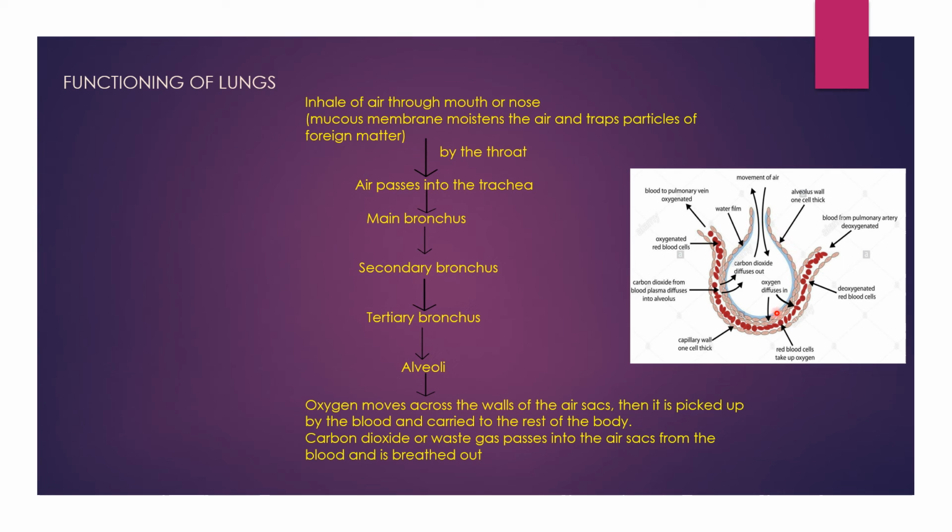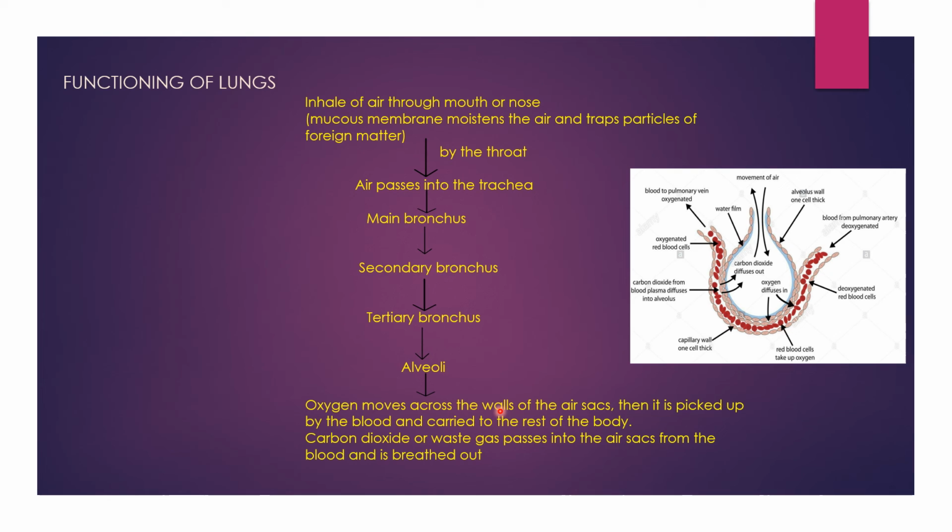I told you this is a sac-like structure at the end point of the respiratory system. Now air will enter here. Now what will happen here, because this is the main point where gas exchange will happen.